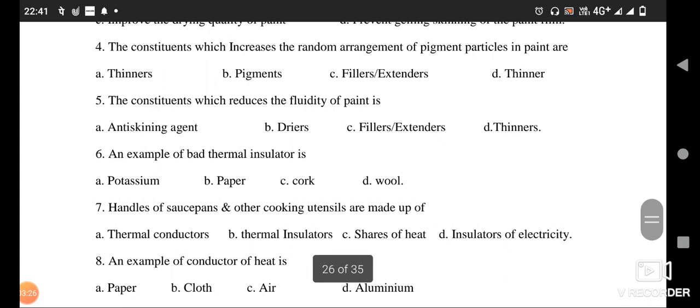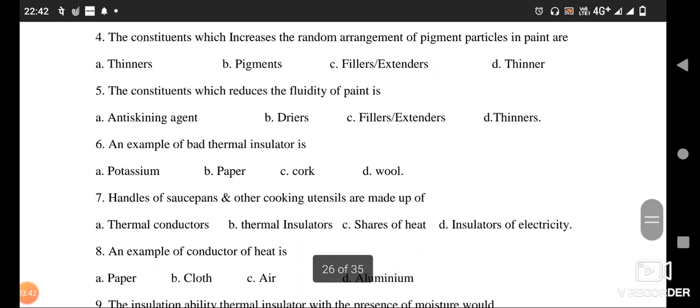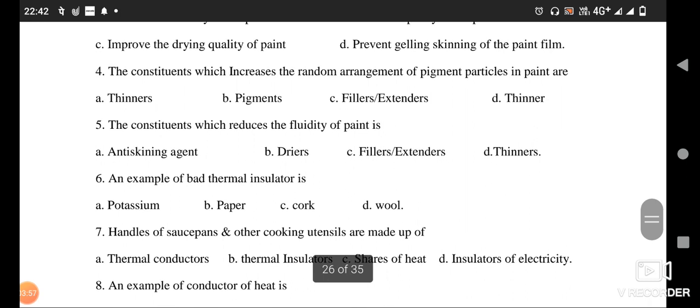Then MCQ number 5: the constituent which reduces the fluidity of a paint. So options are A, anti-skinning agent; B, dryers; C, fillers and extenders; D, thinners. I think this MCQ is wrong. The MCQ should be the constituent which reduces the viscosity of paint, and we know that the constituent of the paint that reduces the viscosity of paint is thinner.